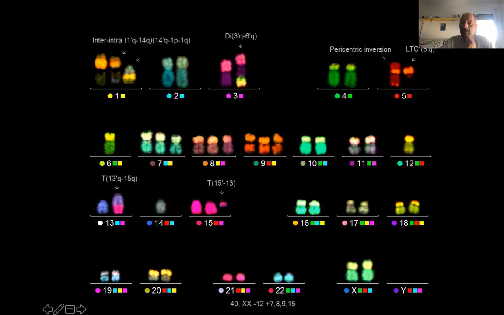This is an example. You see, these are different exchanges, and here is a very complex exchange. And just to show you, these are actually pericentric inversions. We will see the pericentric inversion later, where you can see how useful arm-specific M-FISH can be in determining the type of aberration.